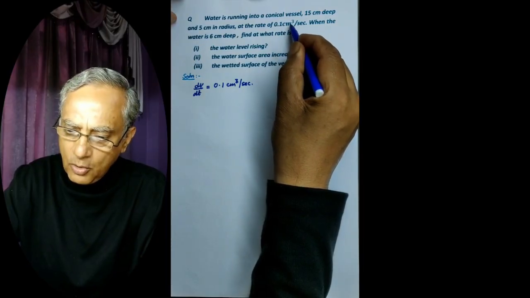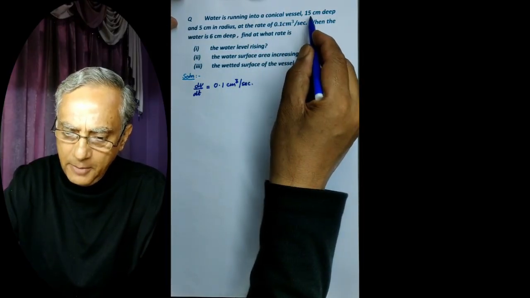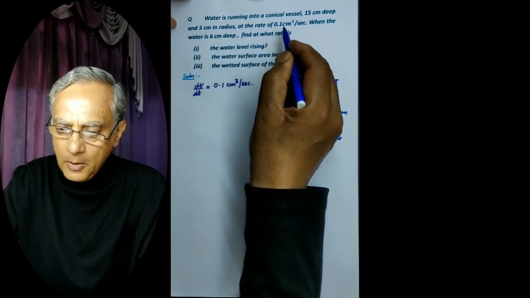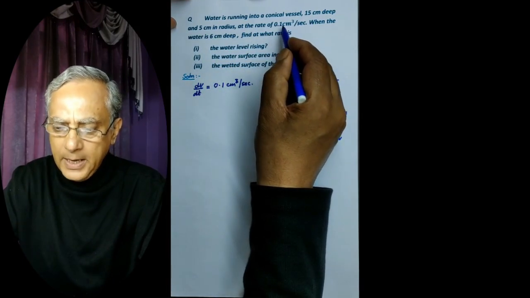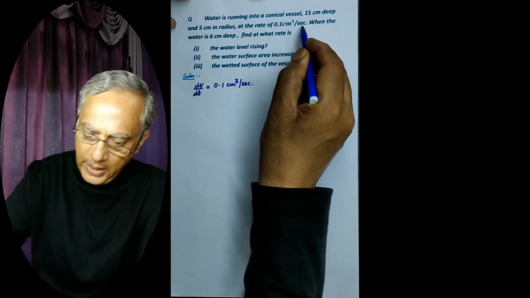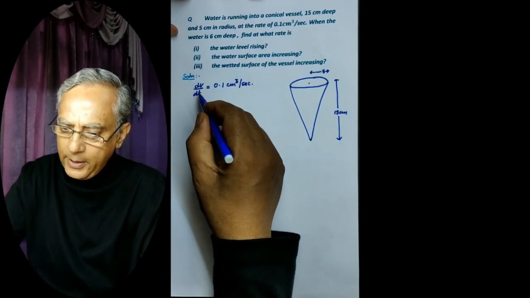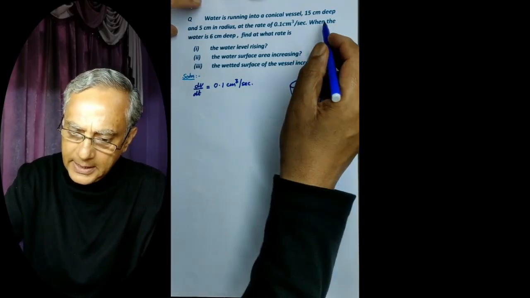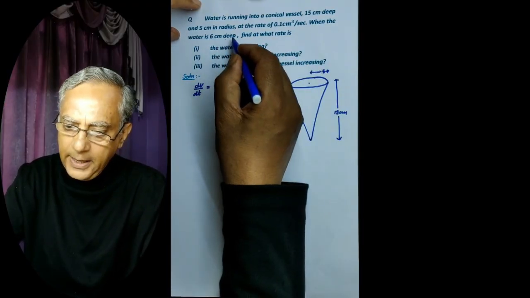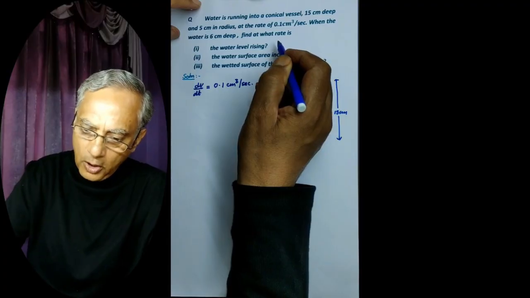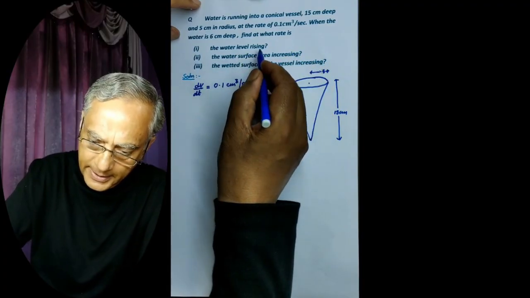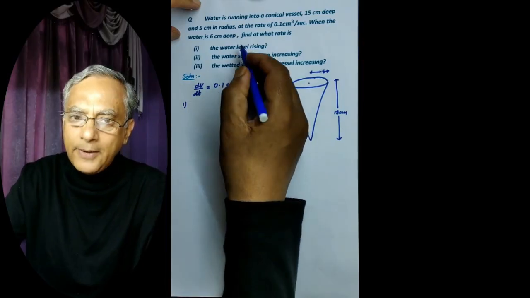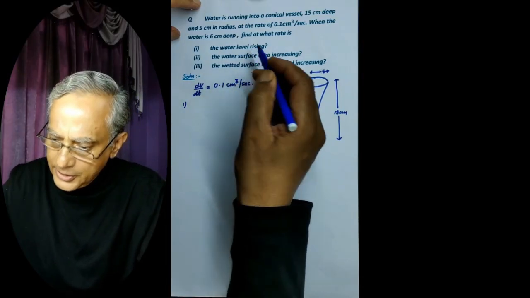Water is running into a conical vessel 15 centimeters deep and 5 centimeters in radius at the rate of 0.1 centimeter cube per second. So we are given dV by dt is 0.1 centimeter cube per second. When the water is 6 centimeters deep, find the rate at which water level is rising. First we have to find the rate at which water level is increasing.